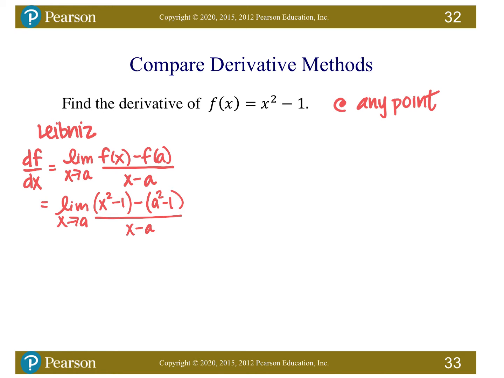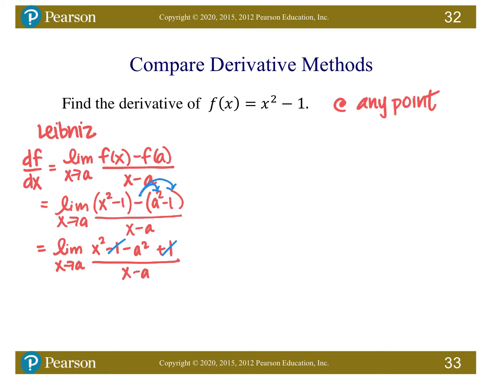And you might remember what's going to start to happen here. We're going to end up distributing the subtraction. And what happens is we end up with x squared minus 1 minus a squared plus 1. So do you see what's going to happen? What cancels? The 1's cancel. And what are we left with?